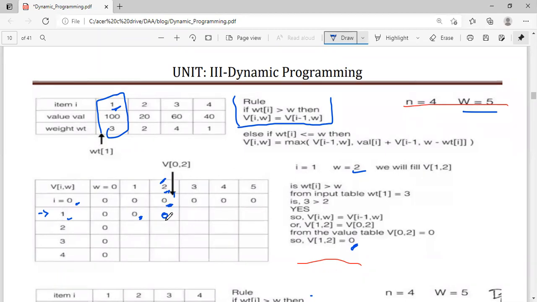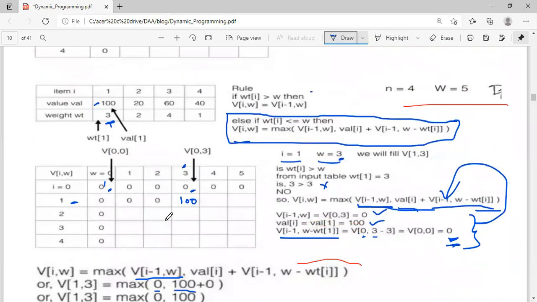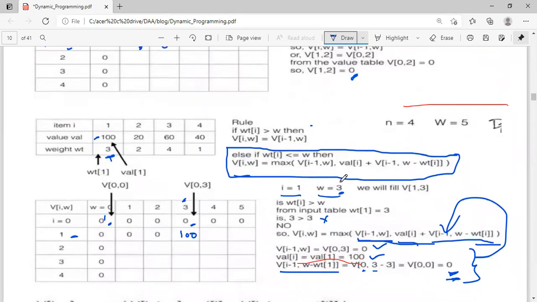Now the value will change here because the condition is going to be false. Here again we increase the w, and our item is only 1. Still we are on 1, so I is 1. Weight we increase to 3.